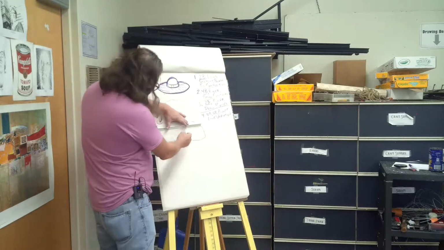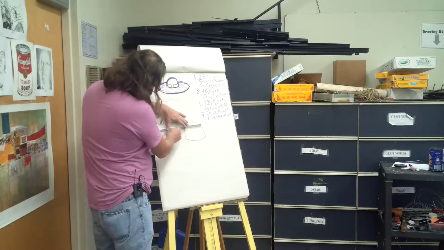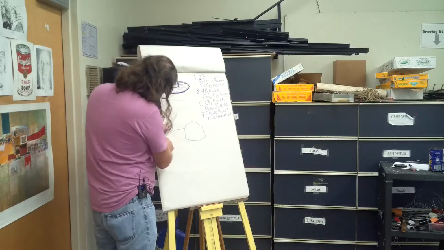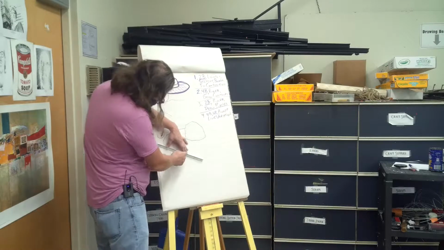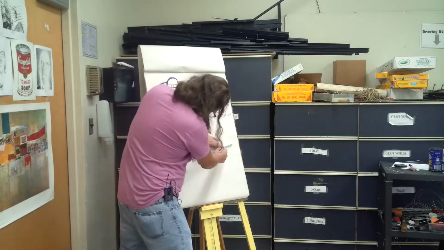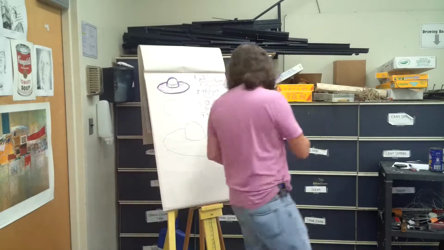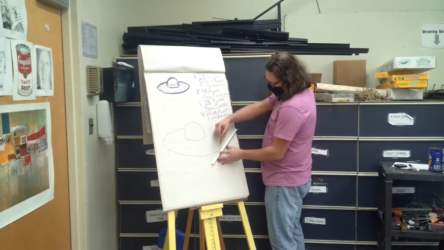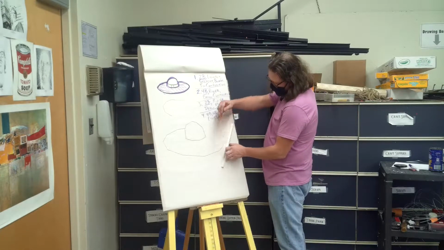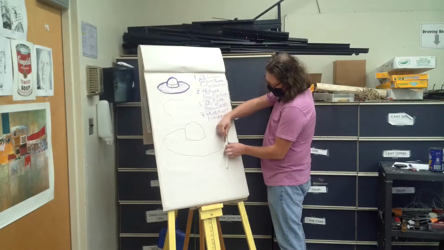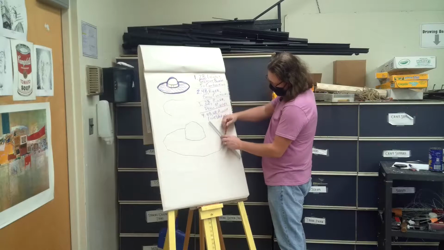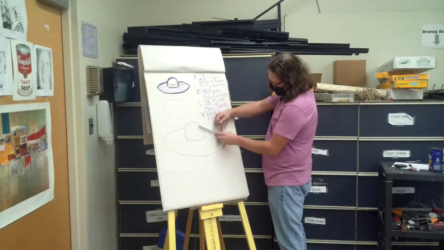All right, and then I'll get the bowl, not the bowl, the brim of the hat. And again, I'm just doing this with a series of straight lines. If I need to go around a curve, I'm doing so with a series of connected straight lines that follow that curve.